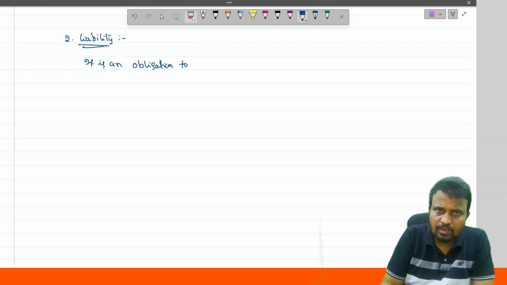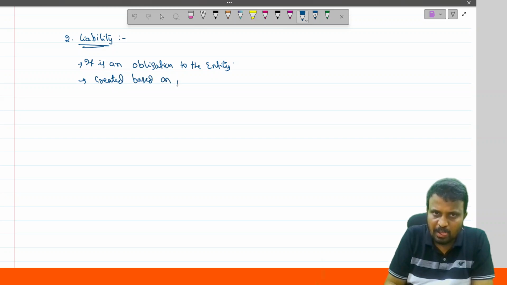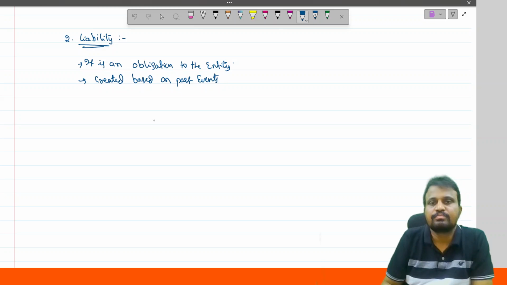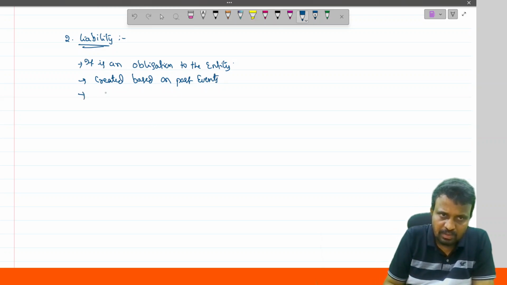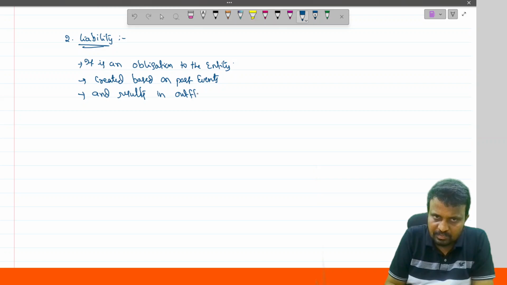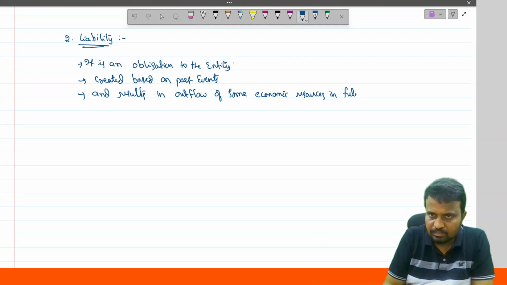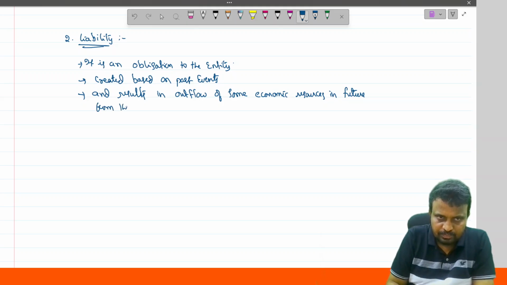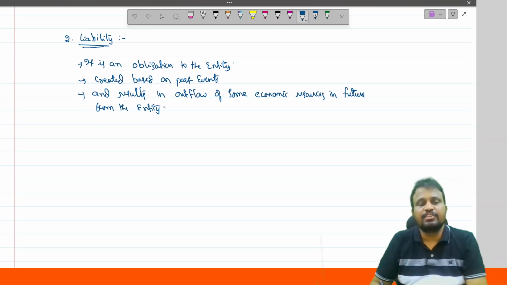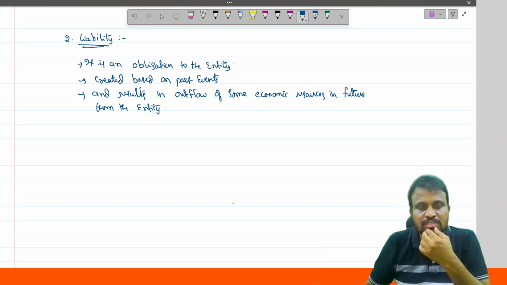It is an obligation to the entity, created based on past events, and results in outflow of some economic resources in future from the entity.